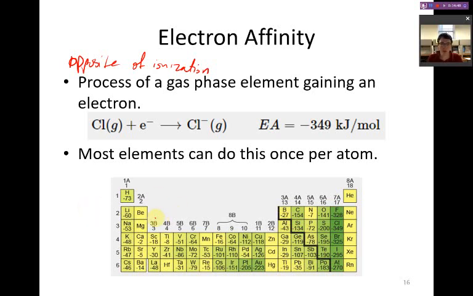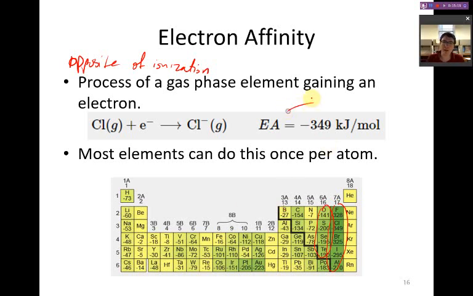And there are some important things to note here. One is that certain elements give off a lot of energy when they accept an electron. For the most part, those elements are our halogens, or main group 6. These elements prefer to gain electrons. It makes them much more stable.